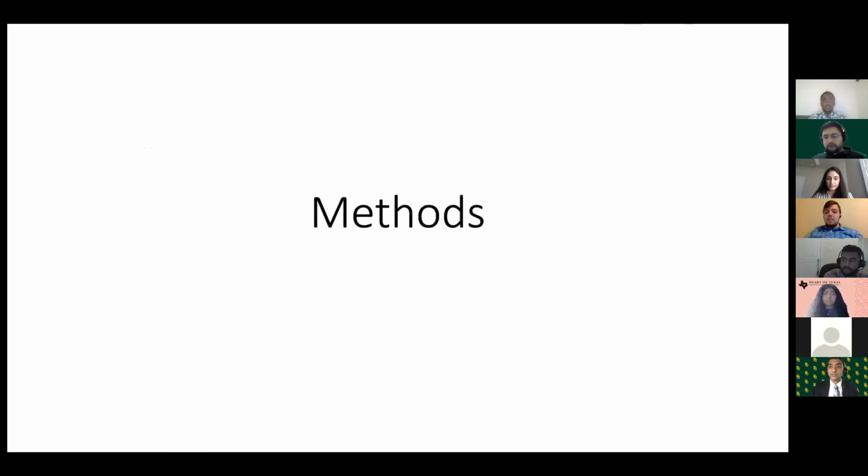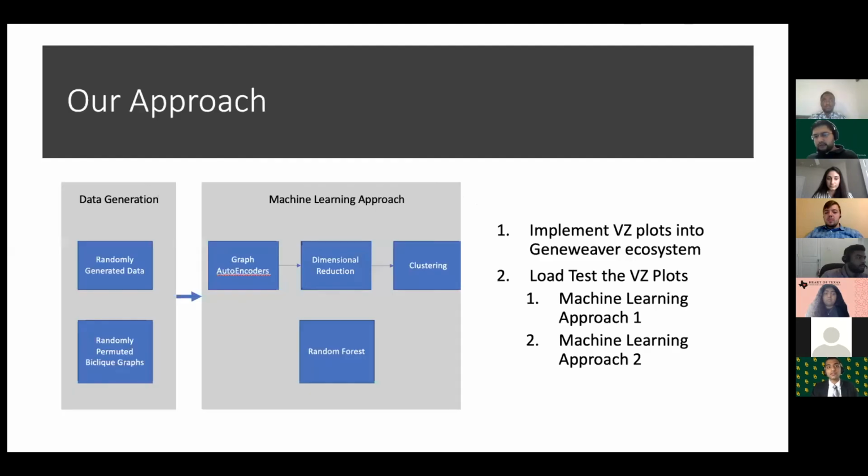So that brings us to the methods. In order to solve both of these problems, we first implemented the VC plots in the GeneWeaver ecosystem. We did that by modifying them so we allowed them to connect to each other and display correctly. Secondly, we load tested the visualization using two different machine learning approaches.